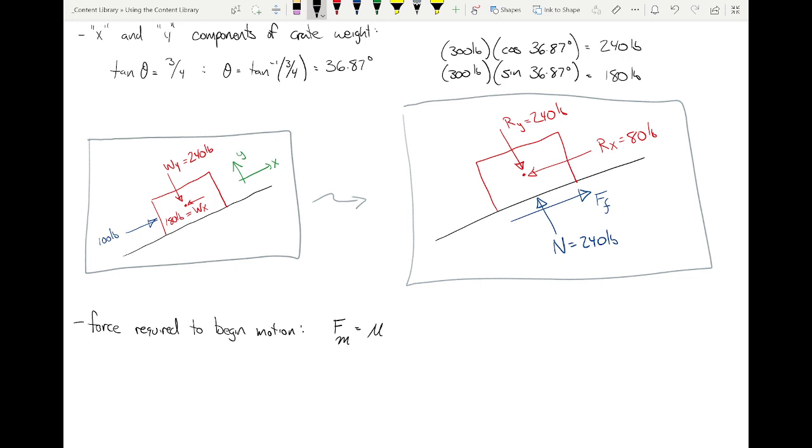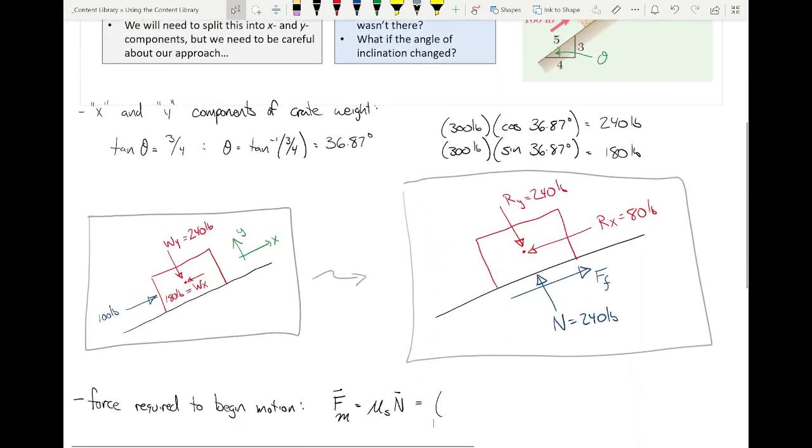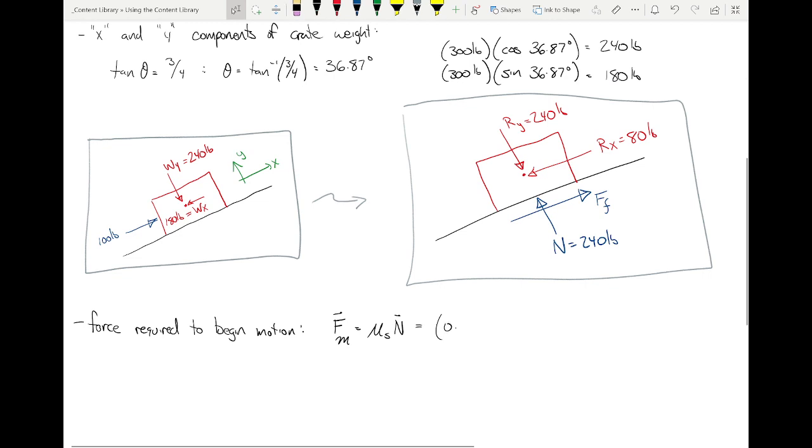That is mu sub s times N. What was mu sub s for this problem? What were the coefficients? 0.25 and 0.2. So what is 0.25 of 240 pounds? What's that, 60?